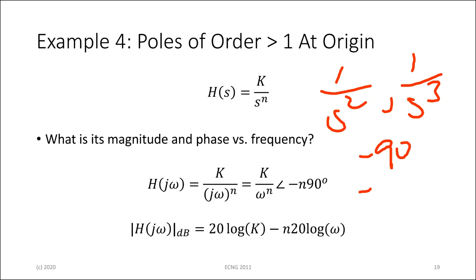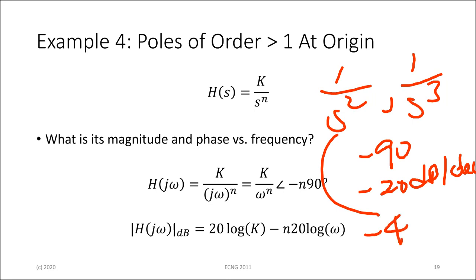And it decreases at minus 20 dB per decade. Right? S squared will decrease at minus 40, as we proved with the second order filters this morning. And the phase angle now will be minus 90 times 2, which is minus 180. And so you keep going on.